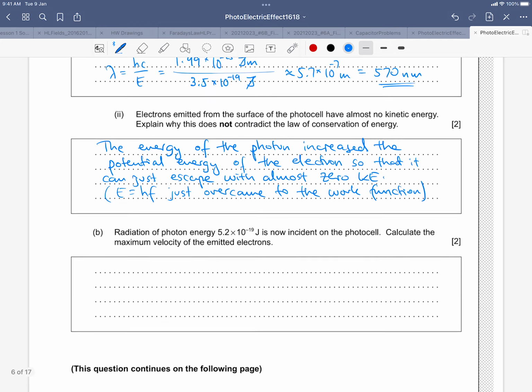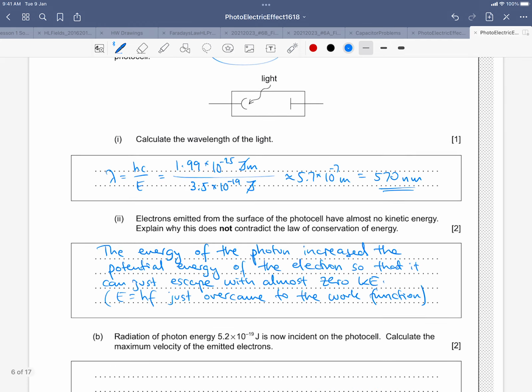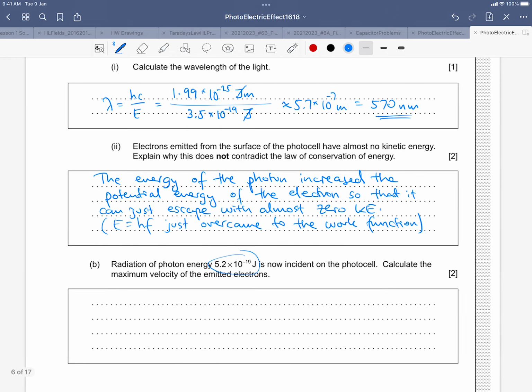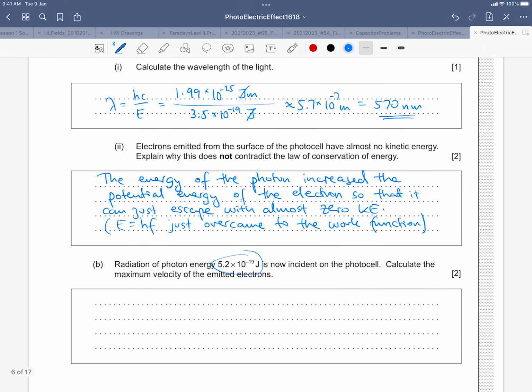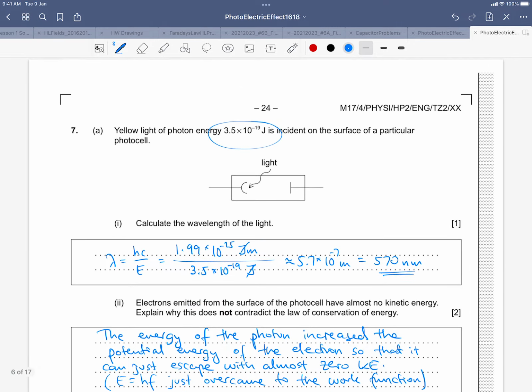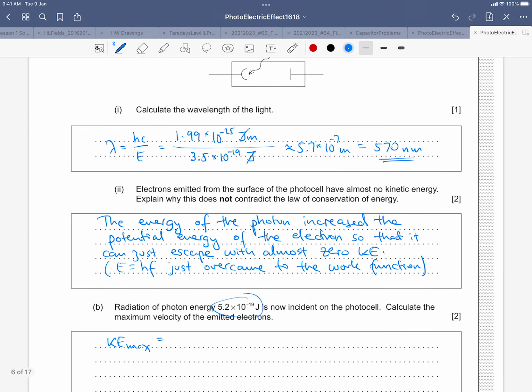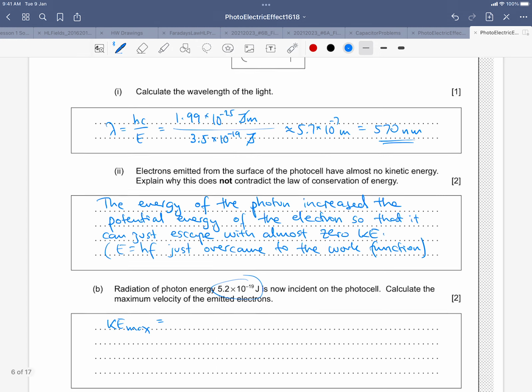Now we increase the energy, going up to 5.2. So now we would expect electrons to be emitted with kinetic energy. Let's find the maximum kinetic energy that they can have. That's pretty straightforward, because we know that the 3.5 × 10^-19 joules is actually the work function. That is the information they gave us in the previous question.